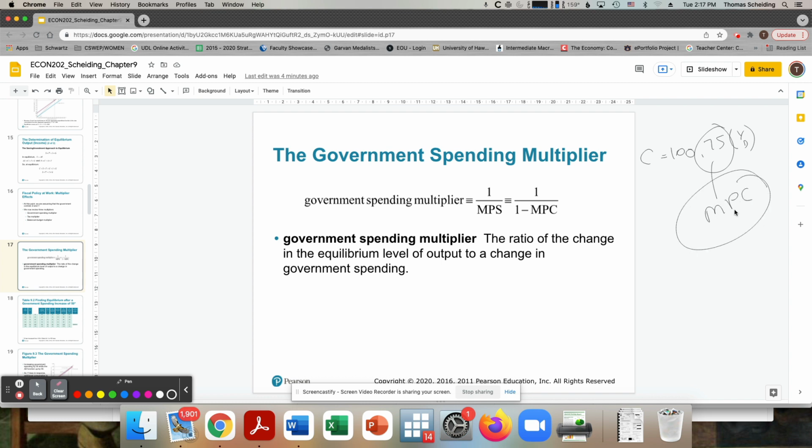Marginal propensity to consume. And if I do 1 over 1 minus marginal propensity to consume, what that generates for me is the government spending multiplier.